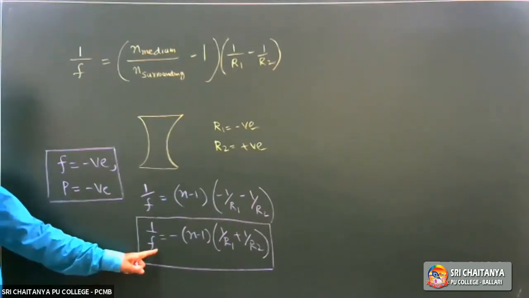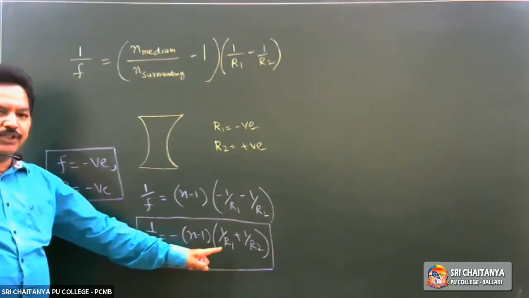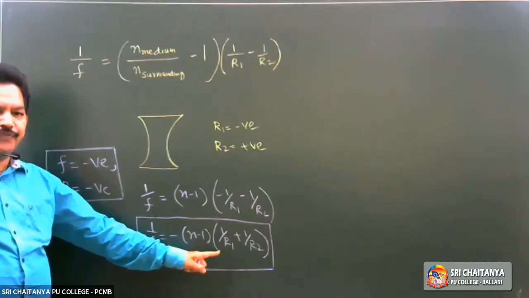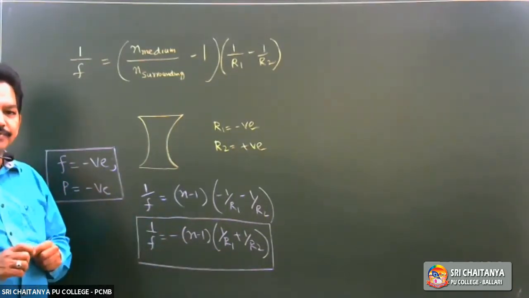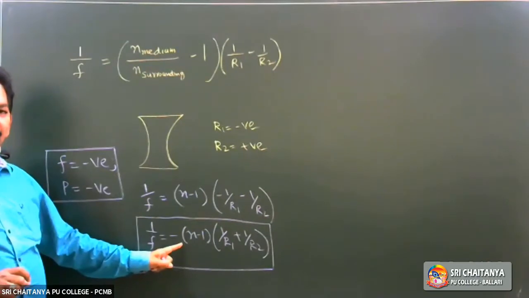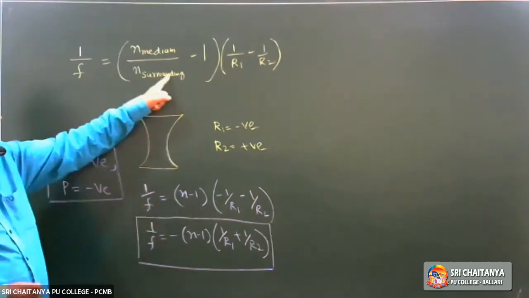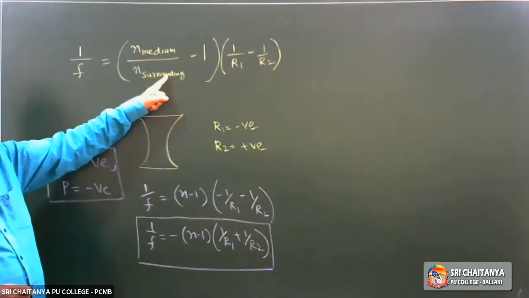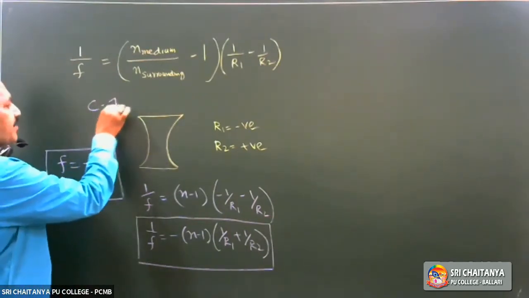But here 1 by f is equal to minus (n minus 1) into (1 by R1 plus 1 by R2). Don't get confused. Directly take the R1, R2 values and substitute in this formula, before applying the sign convention. This is case 1 in the concave lens.